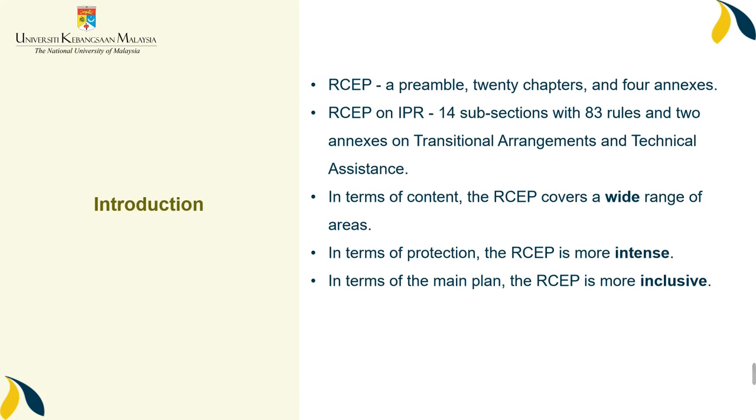In addition to initial provisions and the general definitions, the RCEP chapters not only provide for trade in goods, sanitary and phytosanitary, trade in services, electronic commerce, small and medium-sized enterprises, economic and technical cooperation, and government procurement, but also cover provisions on trade facilitation, intellectual property rights, competition, dispute settlement, and other rules.